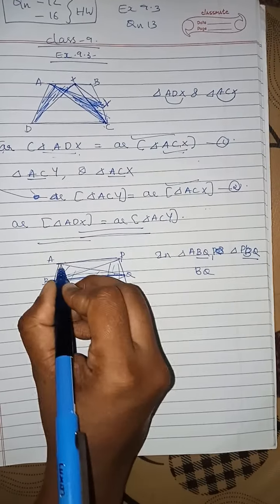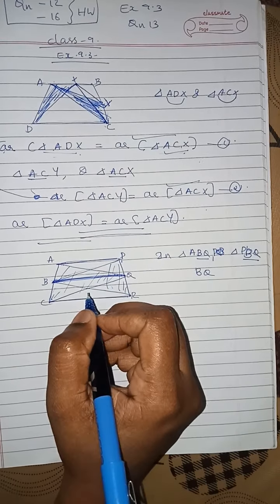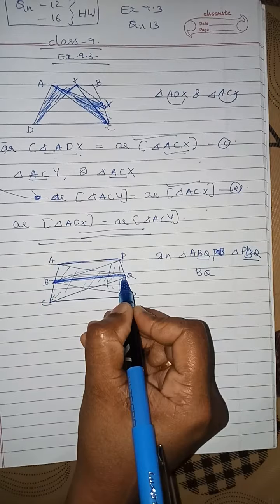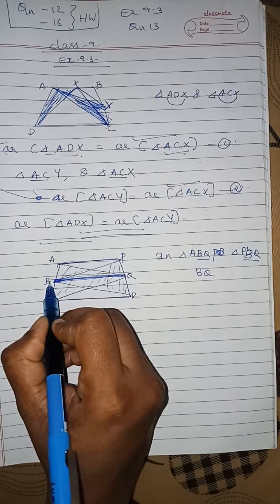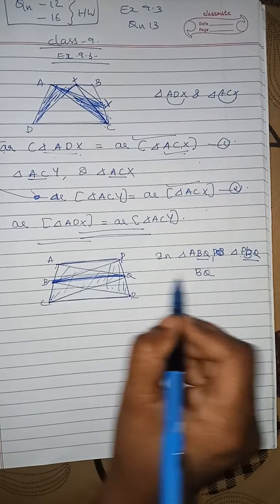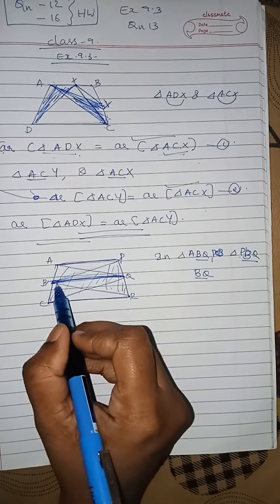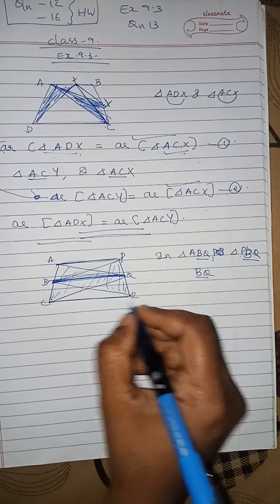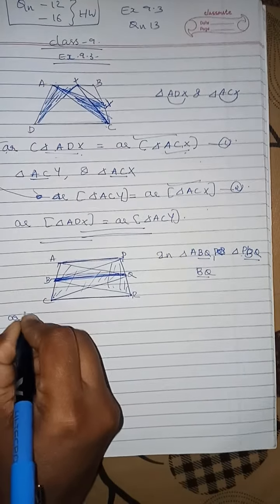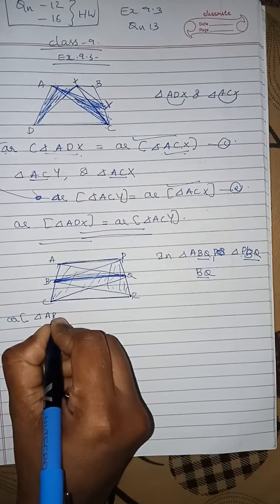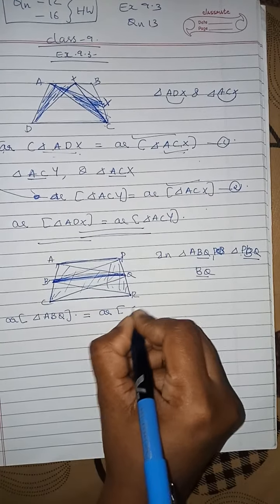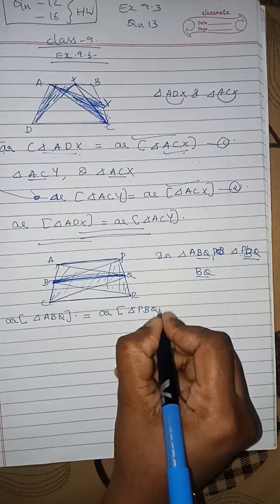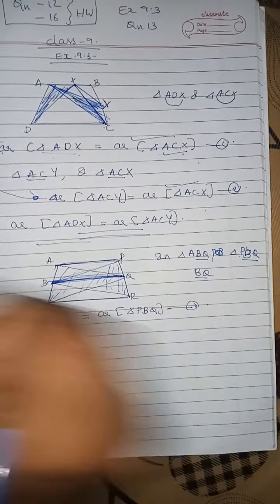Same base BQ, and both are in between the parallel lines AP and BQ. So we can equate their areas. Area of triangle ABQ is equal to area of triangle PBQ. I am putting it as equation number 1.